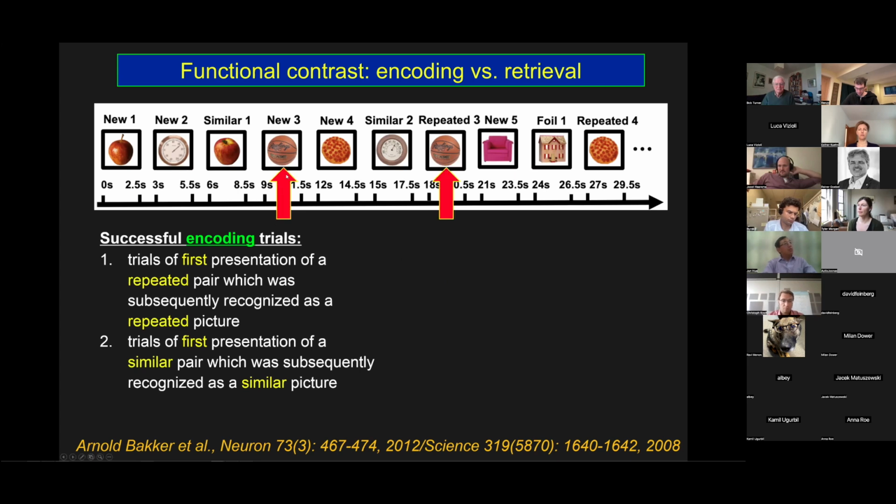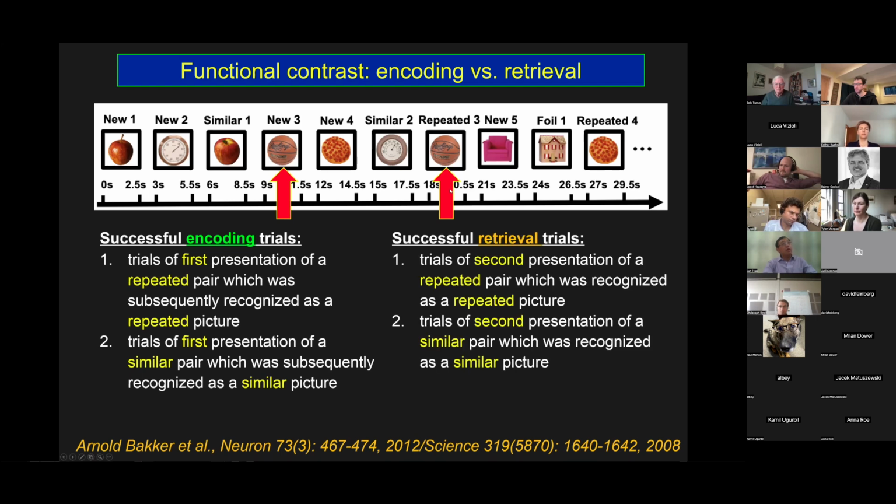For a repeated pair, if the subject correctly identifies the second presentation as an old or repeated image, then the first trial of this image is considered successful encoding, and similarly for the similar pairs, and of course the second trial is considered successful retrieval. So that's the task.